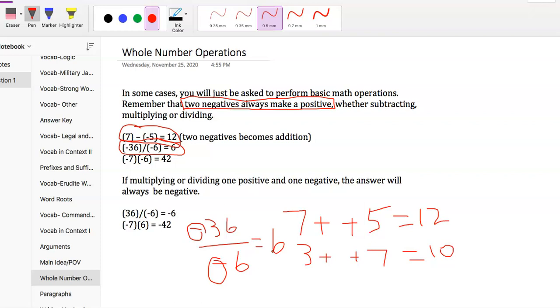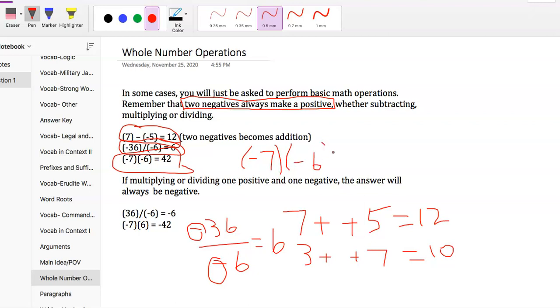And in this third one here, sorry, I'm making a mess of the screen. Negative 7 times negative 6 is 42, is what it says. I'll write this one out a little bigger, so it's a little easier to see.